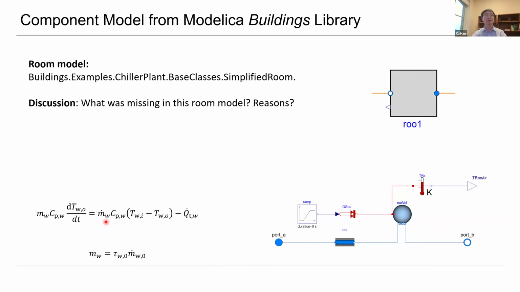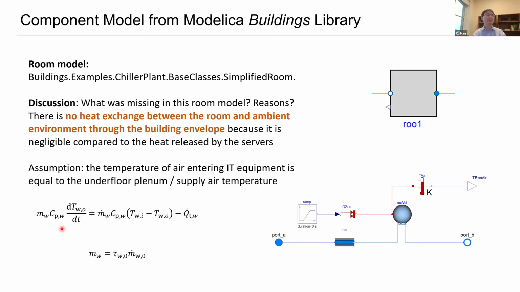We only consider the supply air and the internal heat dissipation from the IT servers. So we did not consider any heat gain through the building envelope. And the major reason is that it is negligible compared to the heat released by the servers. Because they are too small, we just ignore those parts.